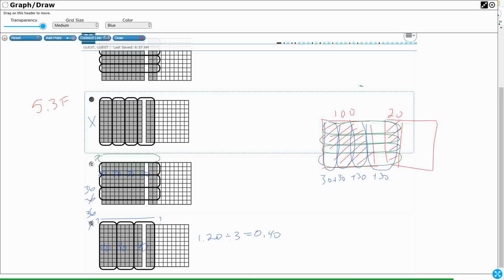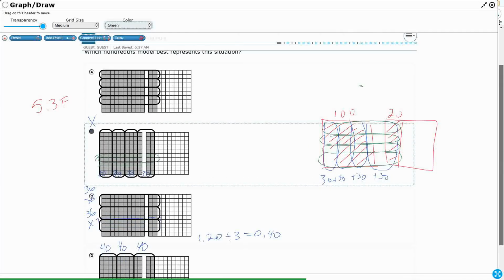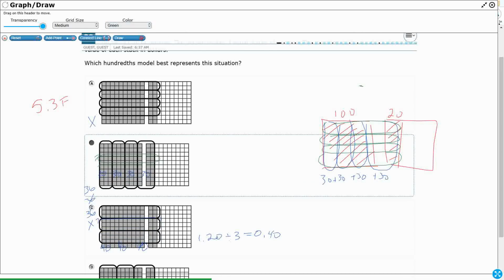Now let's see how we did across the state of Texas. Our correct answer, B, is right here. So let's go ahead and just put it right there. B, we had 59% of our students getting it right. We had the most incorrect choices on A. We had 21%. So they saw the four groups.